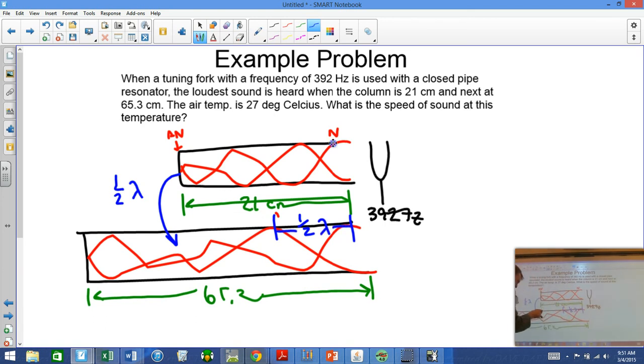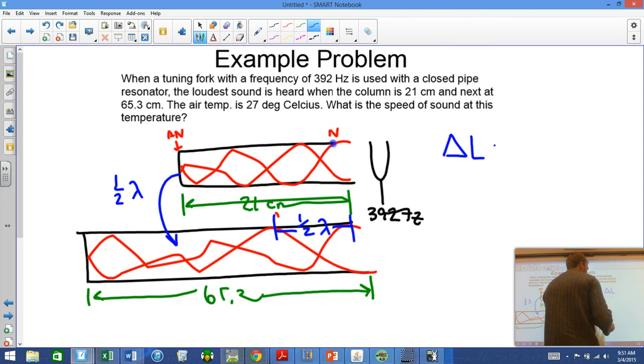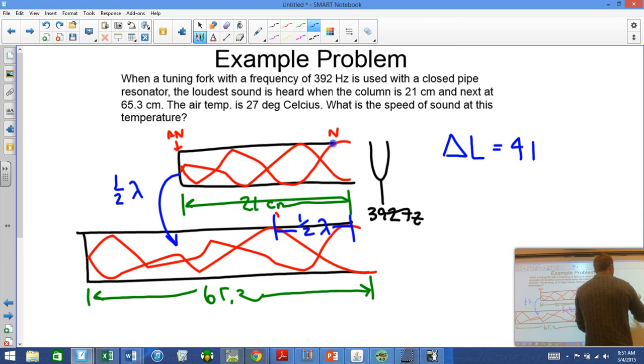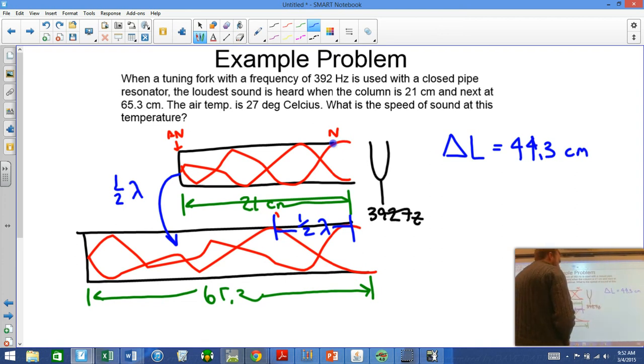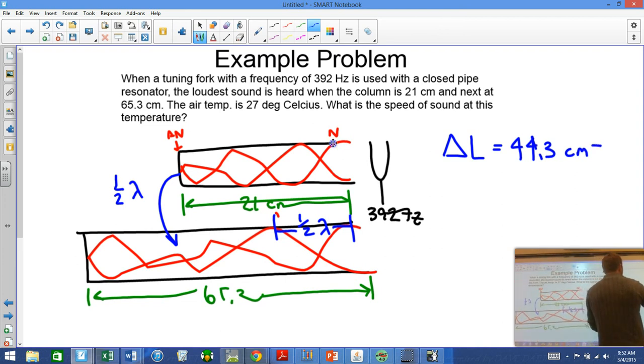And that difference between 65.3 and 21, I subtract those two, and it's 44.3. So the difference in the lengths is 44.3. That's also half of a wavelength.